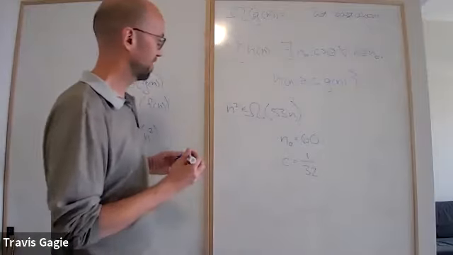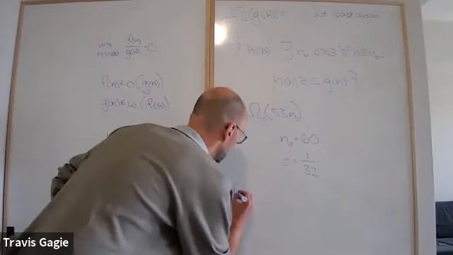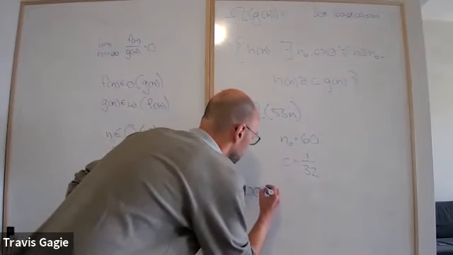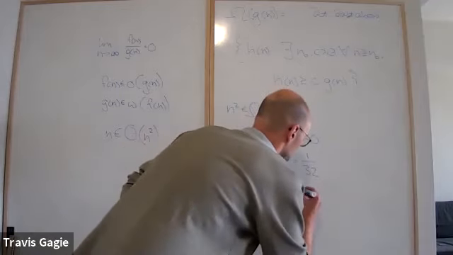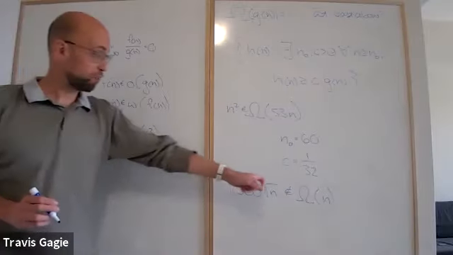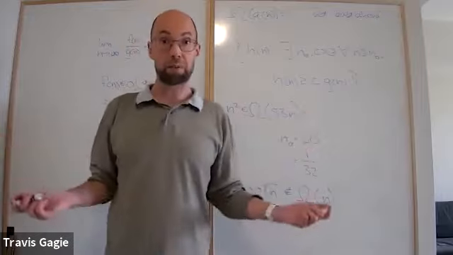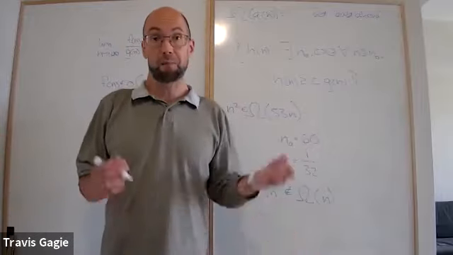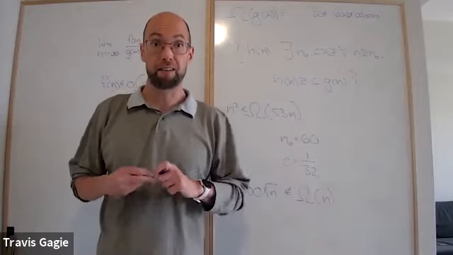It's a set. It's not a thing. So for example, 1,000 square root n is not in big omega of n. For small values of n, 1,000 square root n is going to be bigger than n. But for sufficiently large values of n, it's not.